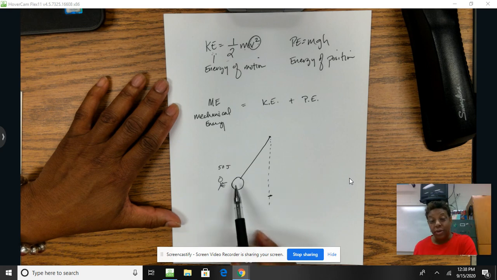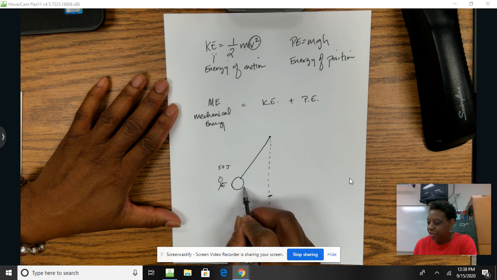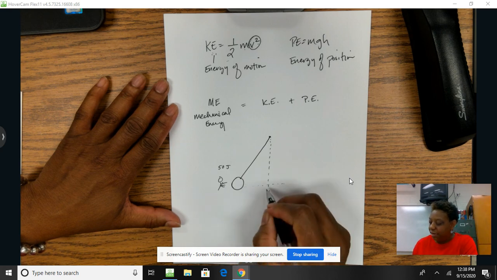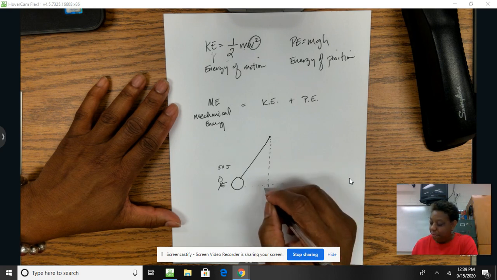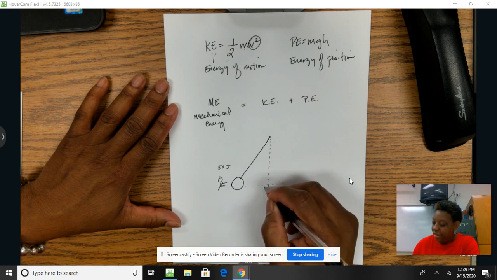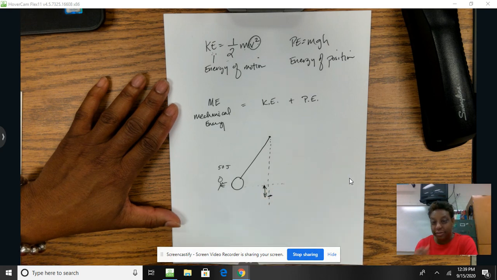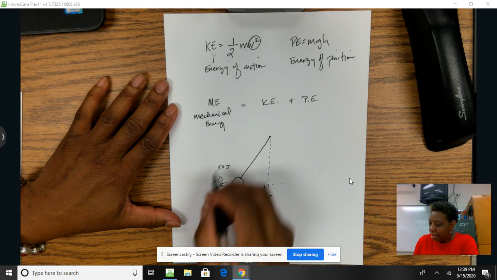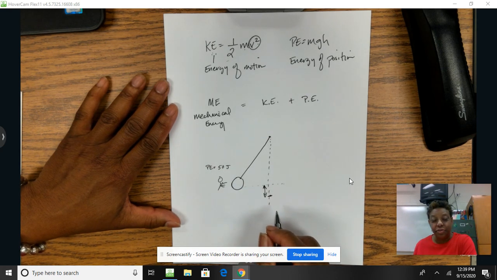So if they're simply holding it and it's not moving, then it's the energy of position, right? Because it is at some height from its lowest point. Okay. So potential energy is 50 joules.